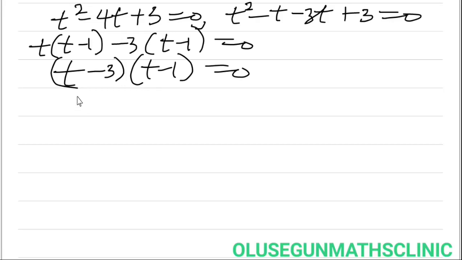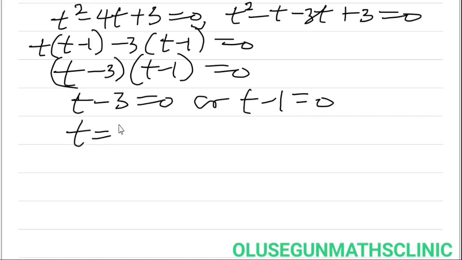So t minus 3 equals 0, or t minus 1 equals 0. t equals 3, or t equals 1.